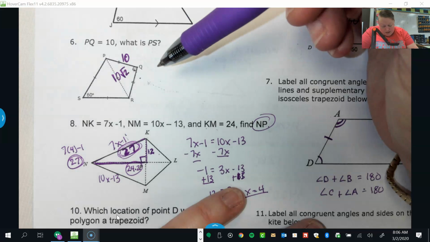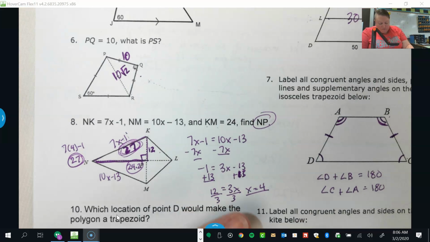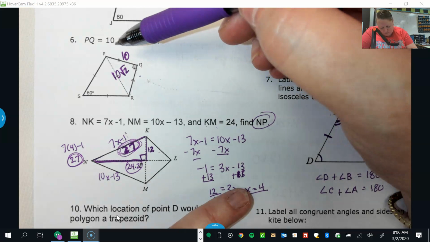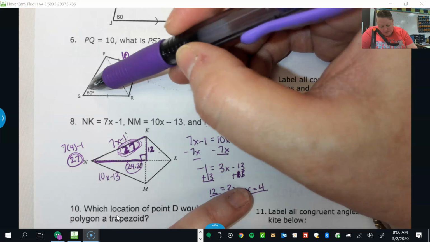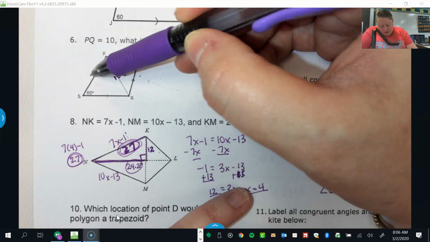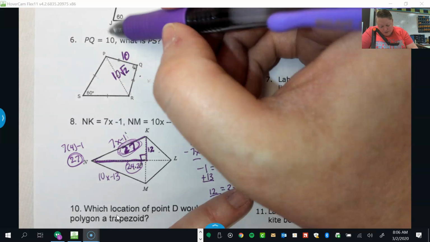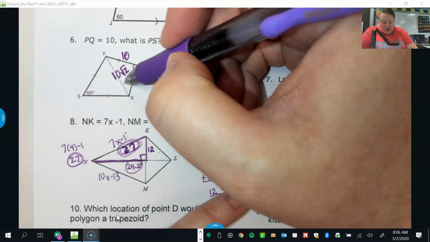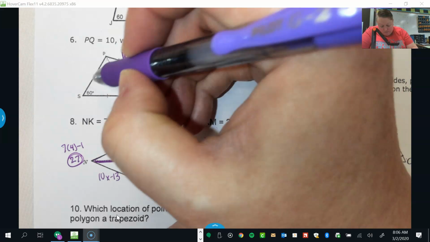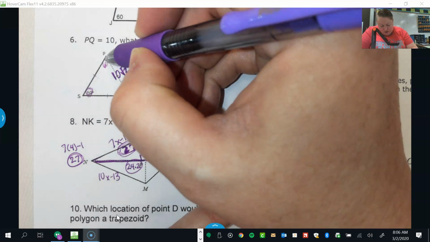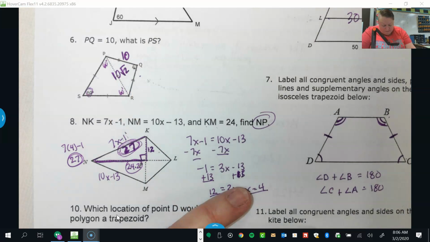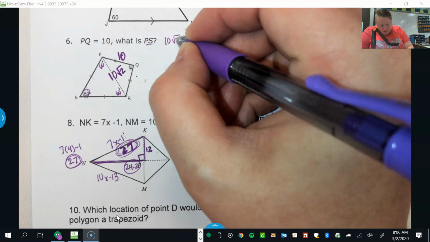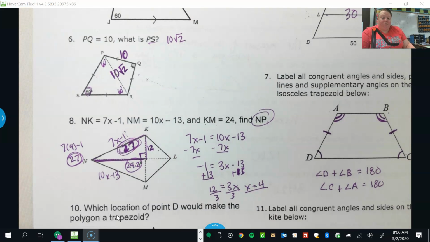And then this is 60 degrees, and these 2 are congruent. That I have an equilateral triangle, so all 3 sides are the same because all of the angles in here are going to be 60 degrees. All right, so PS is then also 10 root 2.